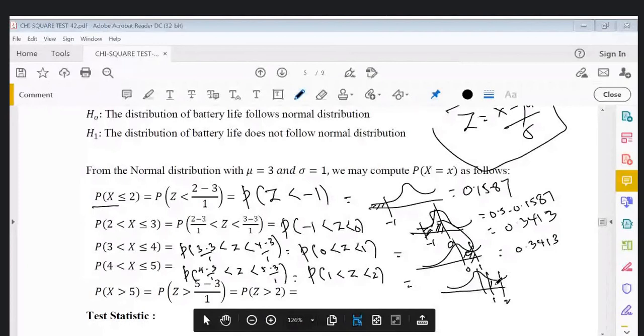Okay, the last one, for S greater than 2, what is the value? S greater than 2. This one, greater than 2. Ini saja. Greater than 2.